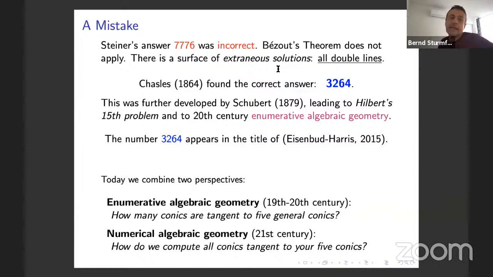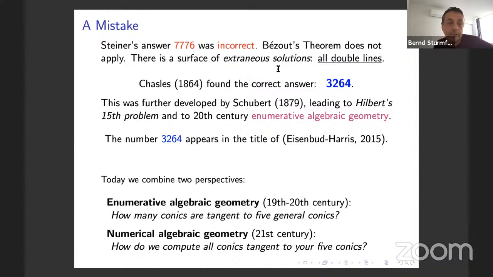And the question is, how much is left? Well, this was answered by Chasles in 1864, and he found the correct answer. The correct answer is the hero of the day. It's 3,264. Now, this kind of counting and circle of ideas was further developed by Schubert, a famous book on enumerative geometry in 1879.